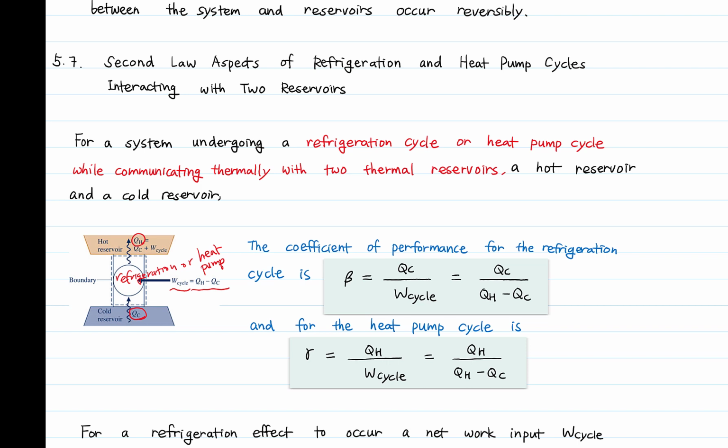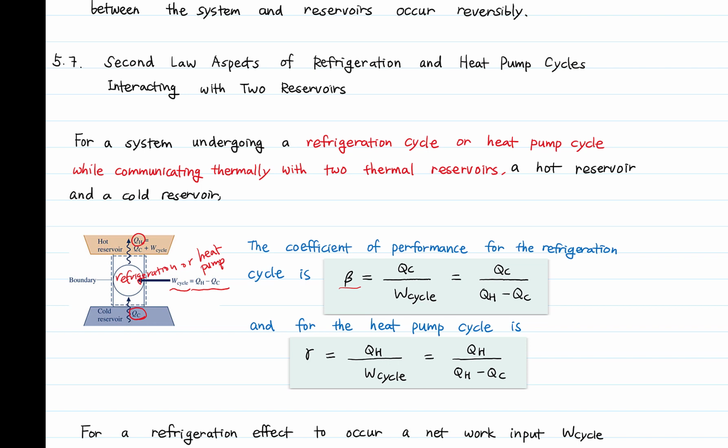So we use the symbol beta to denote the coefficient of performance for the refrigeration system. Heat transferred is QC, and the required work is QH minus QC. So the basic idea to define the coefficient of performance is desired output, QC, over required input, W.